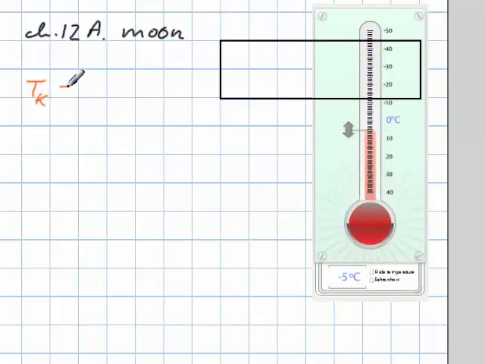The first TK is given as 375 kelvins, and the second TK is given as 100 kelvins. Okay. It's pretty much just converting from one temperature to another.